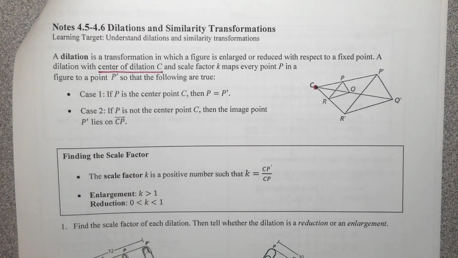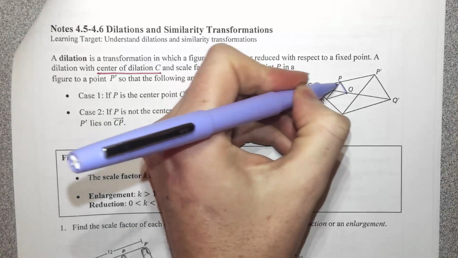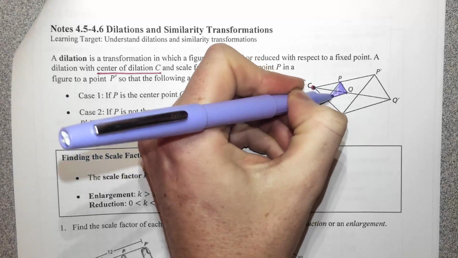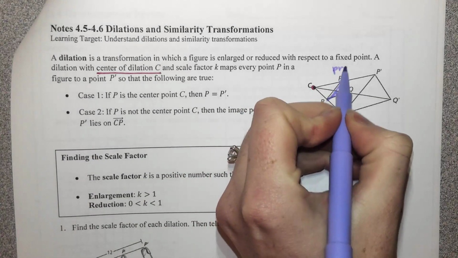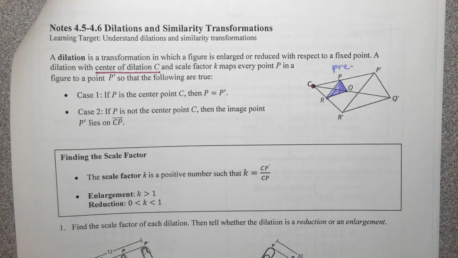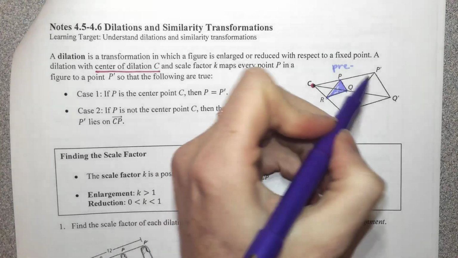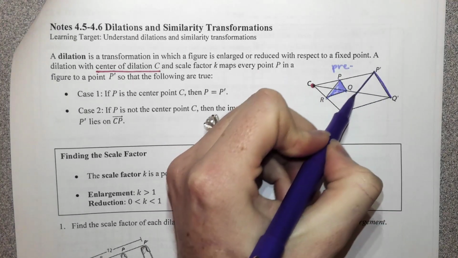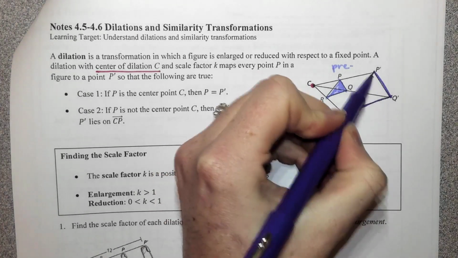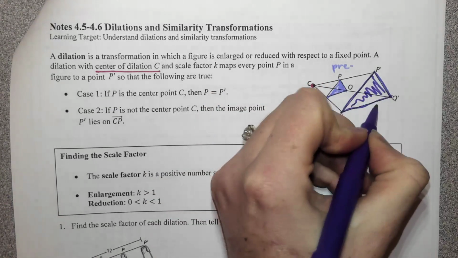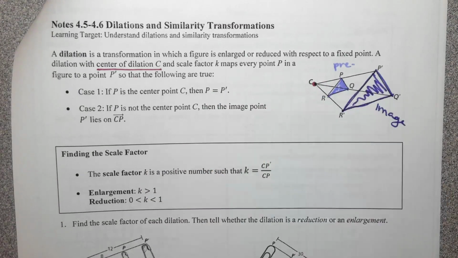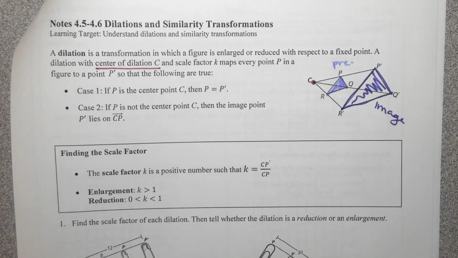The pre-image is the little one here because it doesn't have the prime notation. And then our image is the one after we do the scaling, so we're at P prime, Q prime, R prime. That's our image.